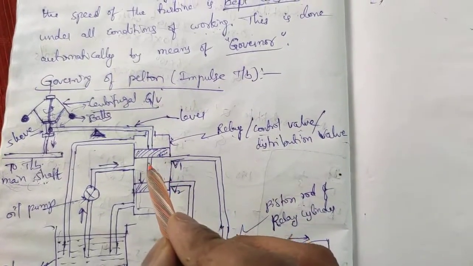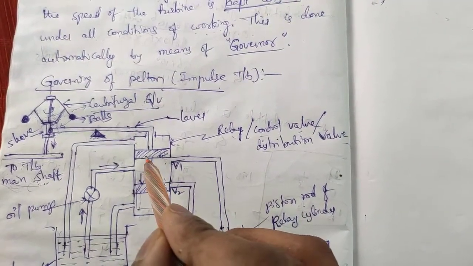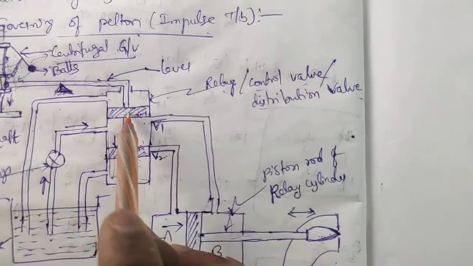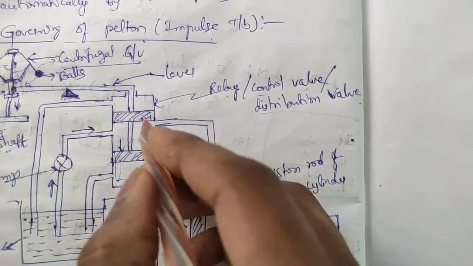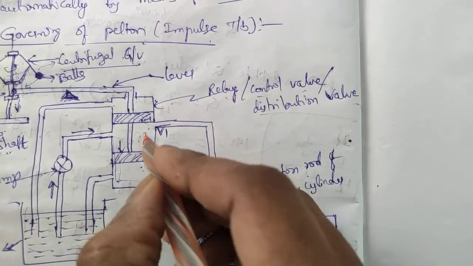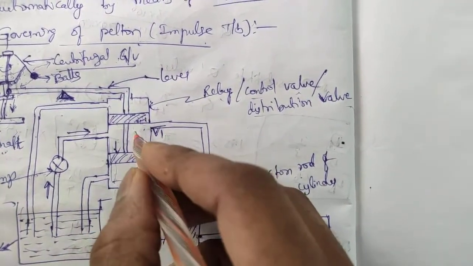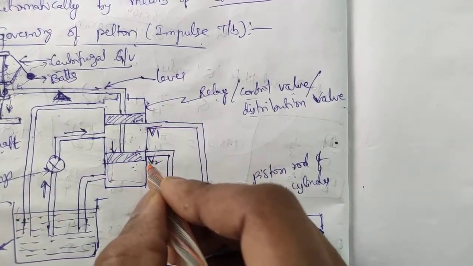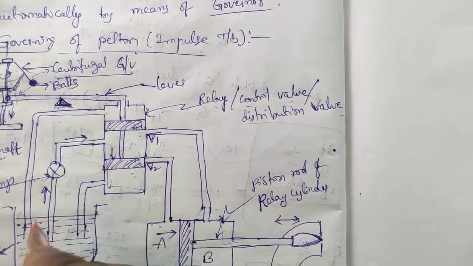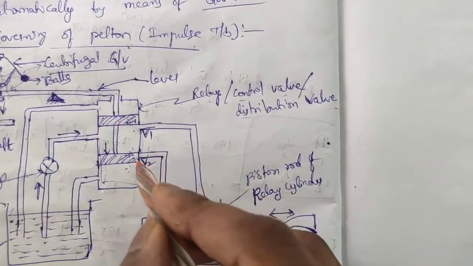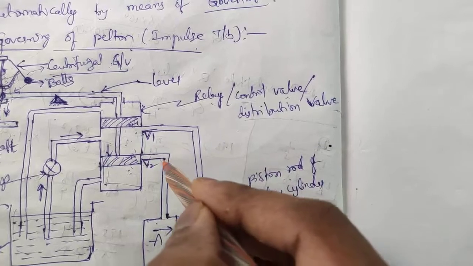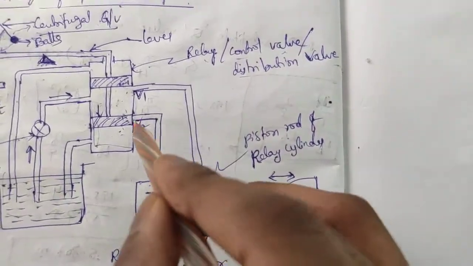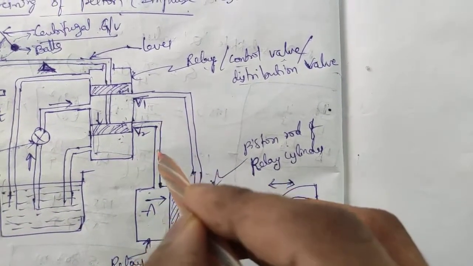So this piston moves downwards, thereby the V1 valve is closed and the V2 valve opens. So the oil enters into the servo motor through the V2 valve.